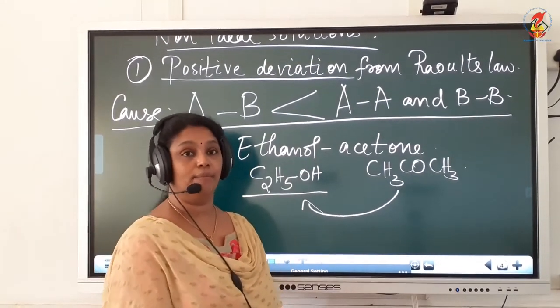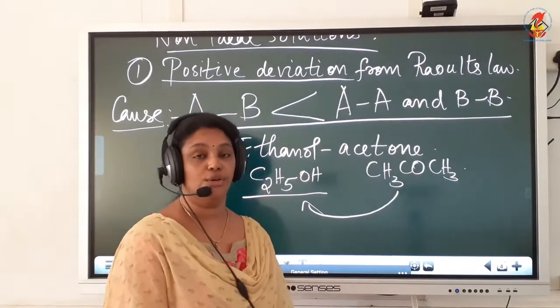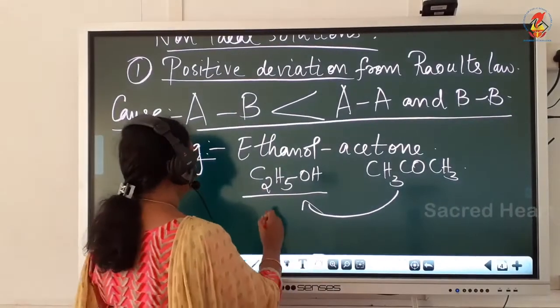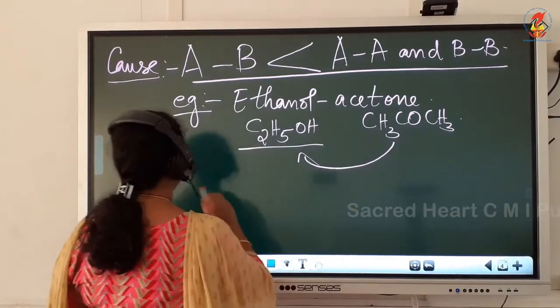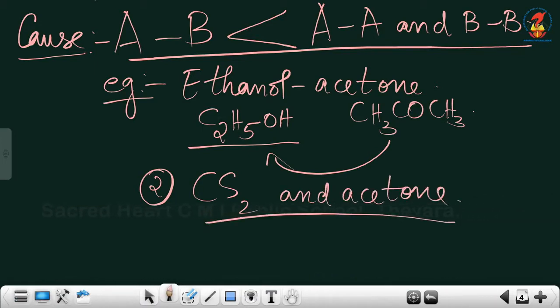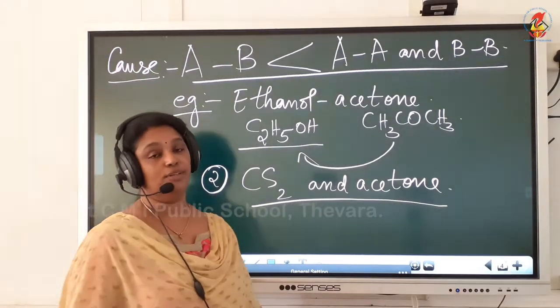Now, the second example for non-ideal solution showing positive deviation is carbon disulfide and acetone mixture. Example 2 is carbon disulfide and acetone. In this case also there is a weak force of attraction.